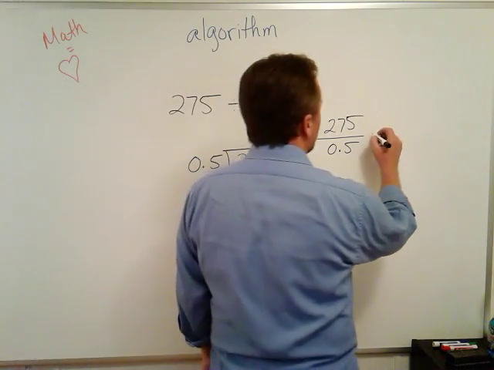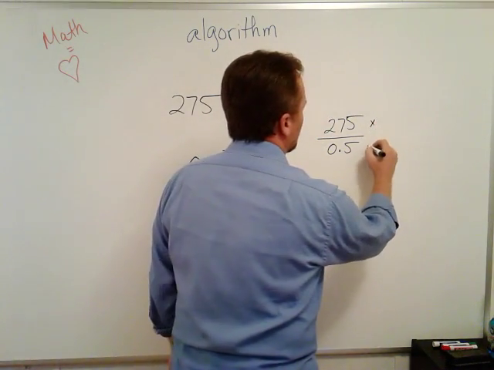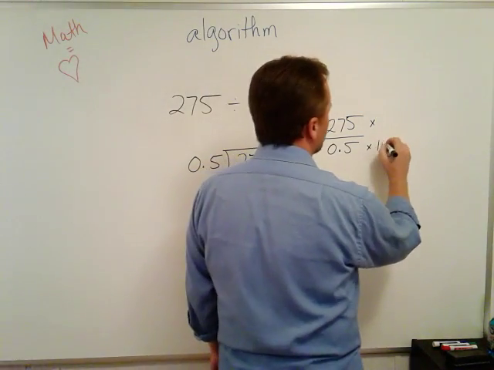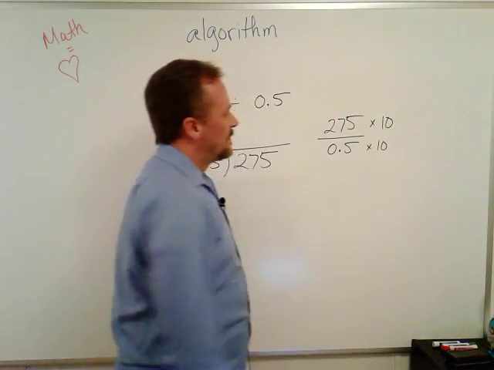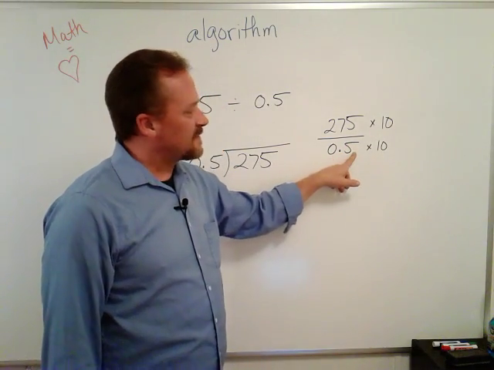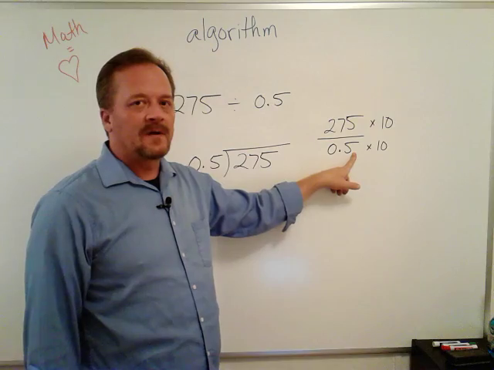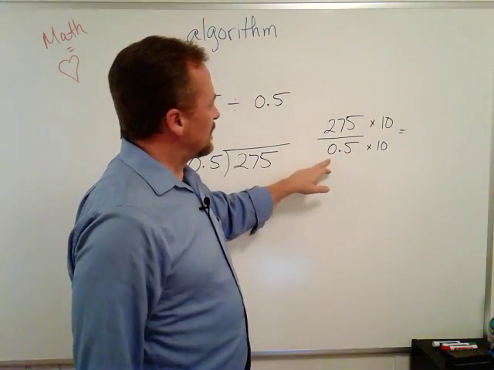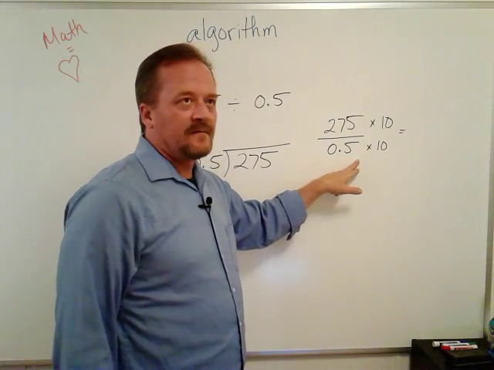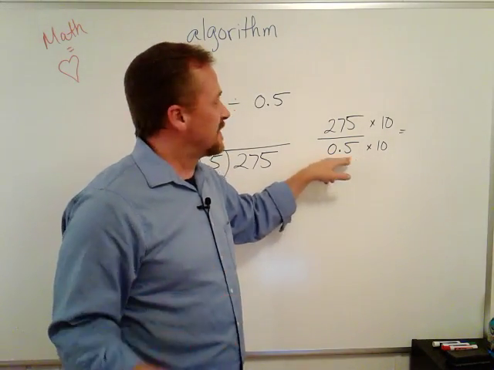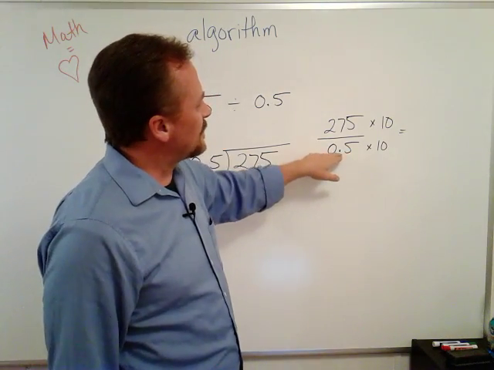We can multiply both of these by 10. And why 10? Well, because when I multiply this bottom number by 10, it's going to turn it into a whole number, okay? If I had 0.55, that's 2 decimal places, so I'd want to multiply that by 100 to get it to be a whole number, but it's only 1 decimal place.